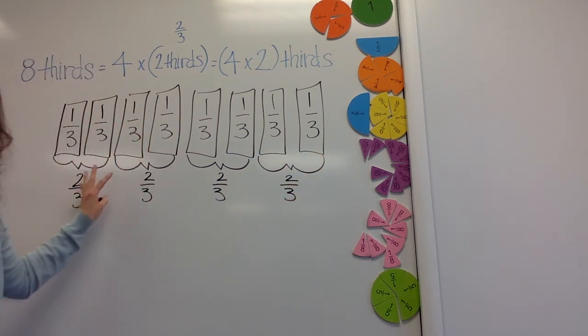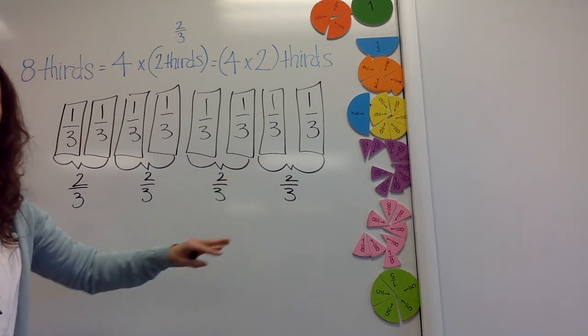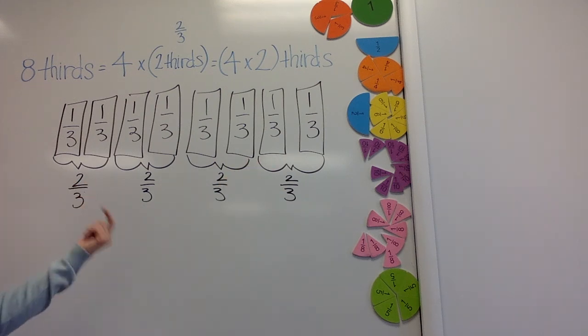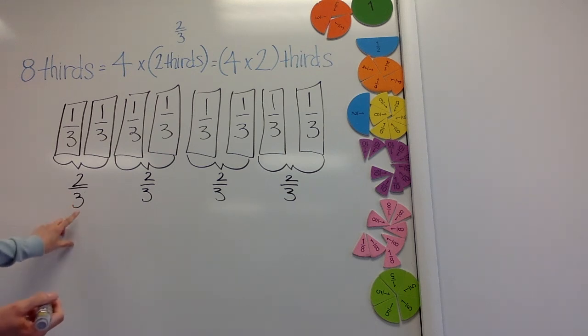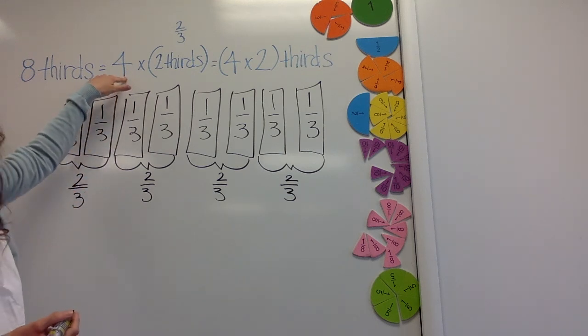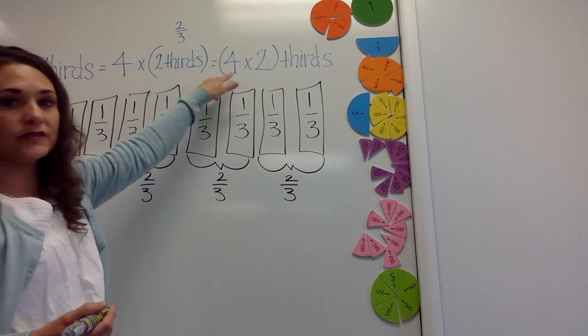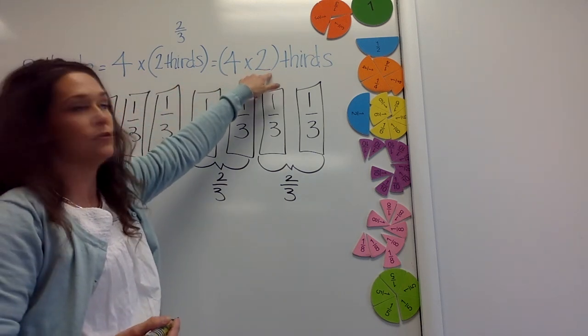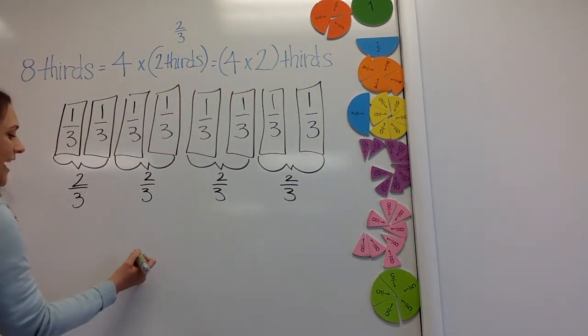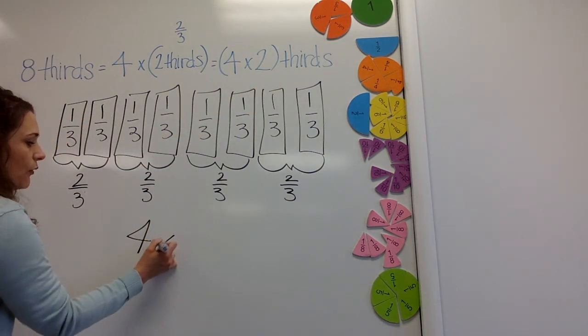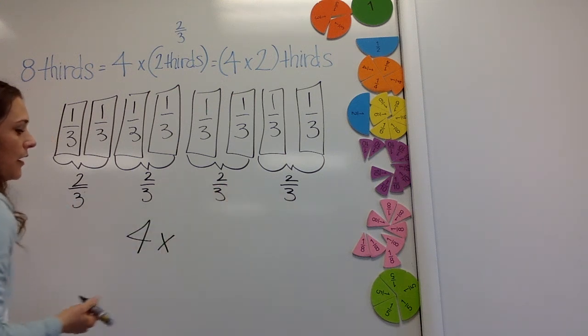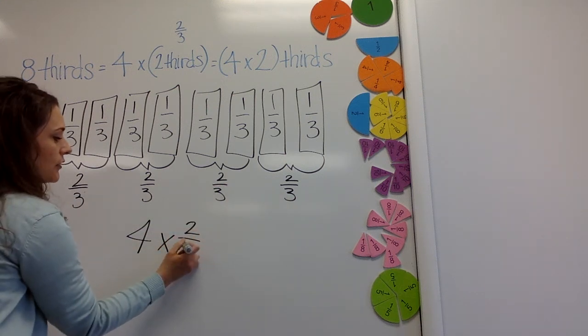So we have these 2/3 chunks that we are adding together over and over. So we're multiplying. We have 4 groups of them. So here's our 4 groups of 2/3 is going to equal 4 times 2/3. So we could actually write it like this and say 4, because there's 4 groups of them, 4 times 2/3.